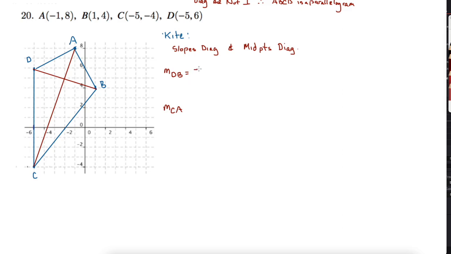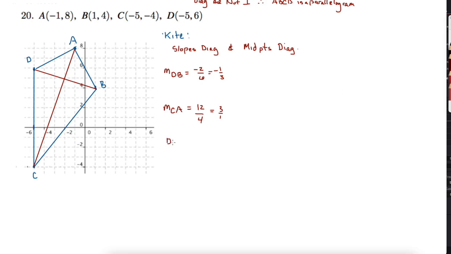So that's down 2 over 6, that's negative 1/3. C to A, we're going up, from negative 4 to 8. That's 12, so I'm rising 12. And then I'm going from negative 5 to negative 1, so I'm running 4. Up 12 over 4, that's 3 over 1.